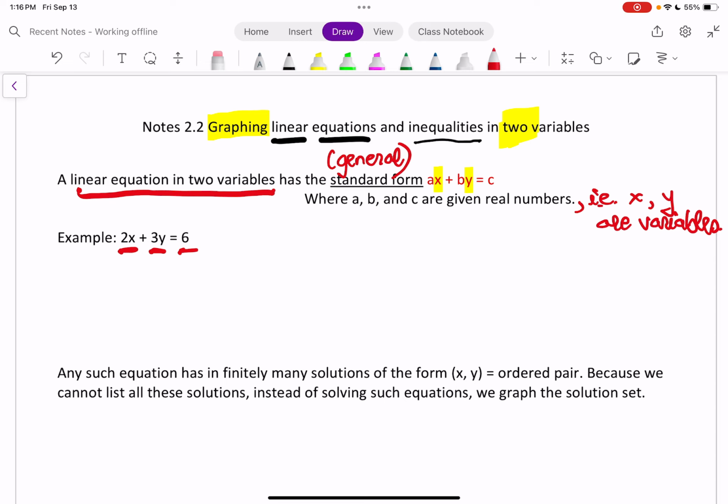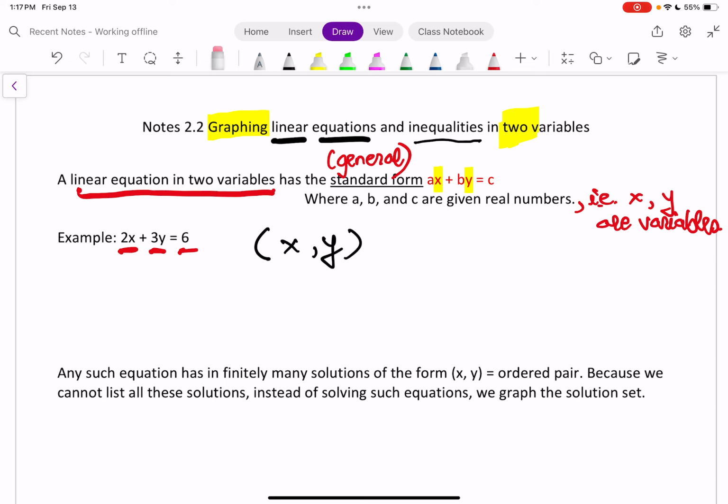So we will be looking at the linear equations in two variables in very much detail. So when we solve such equations, we're going to get not just an answer for x, but also an answer for y. So our answers are ordered pairs.